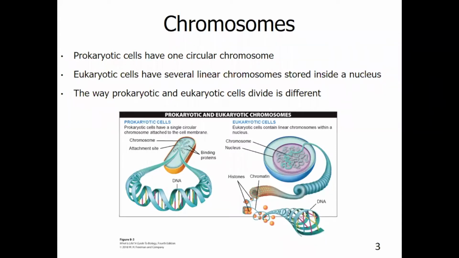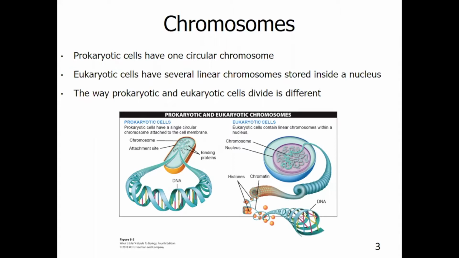We've looked at chromosomes in this class already. Chromosomes essentially are DNA. When we look at the difference between prokaryotic cells and eukaryotic cells, we see that there is a difference in the chromosomes.